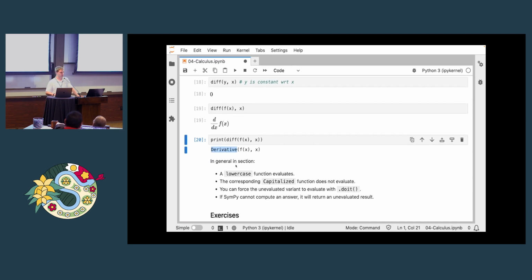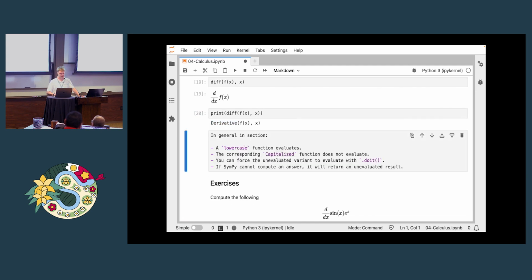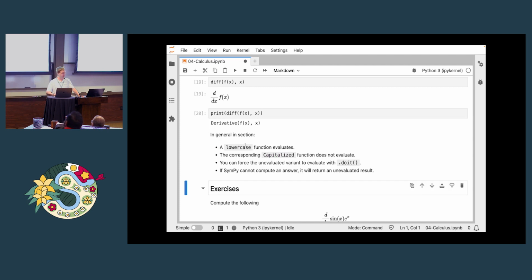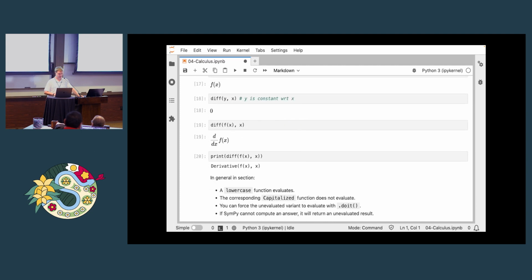The general rule that we're going to see in this notebook in particular is that the lowercase version of the function will evaluate, for example diff. The capitalized version does not evaluate, so the Derivative object does not evaluate. But you can force the unevaluated version to evaluate with the doit method.